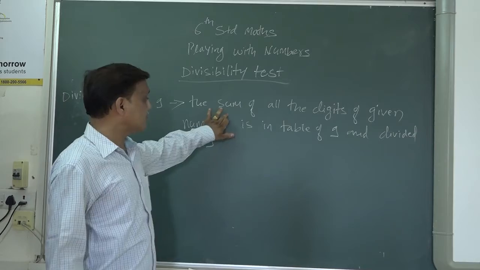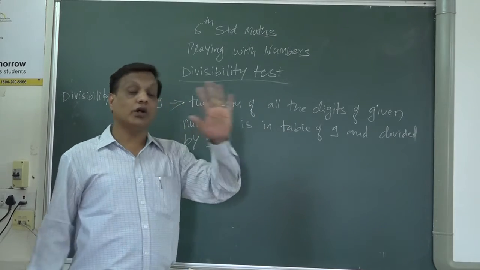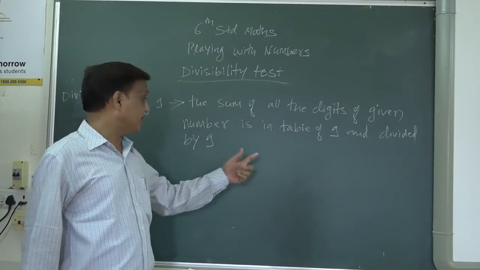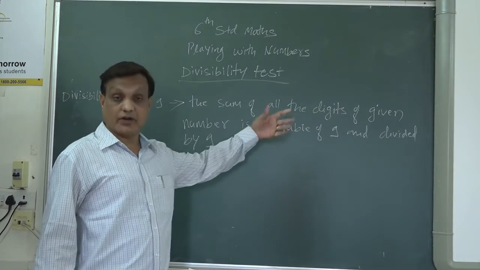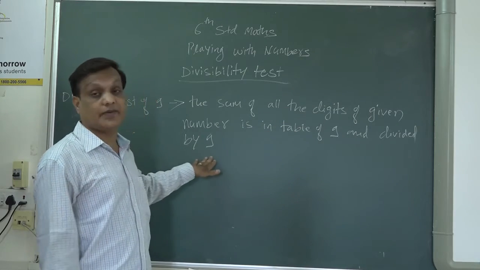What is the definition? Sum of all the digits. If you add all the digits, that is a multiple of 9, in the table of 9, and also that number is divisible by 9.